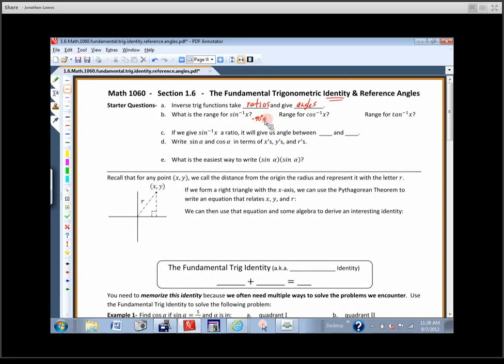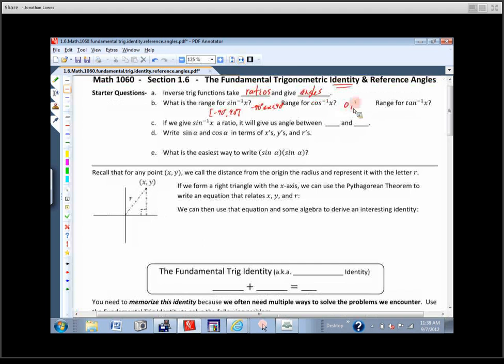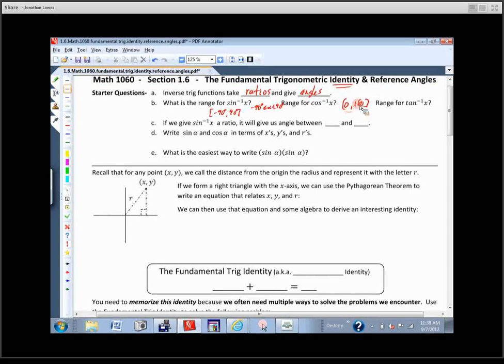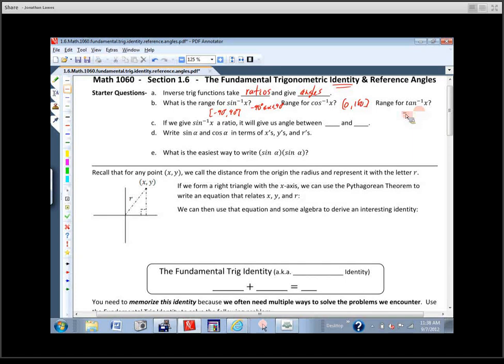Okay, so he's talking about doing it like this. That's fine. Or you can write it down in interval notation from negative 90 to 90. Either way is okay. What's the range for cosine inverse? That's going to be 0 to 180 degrees. And what's the range for tangent inverse? Okay, that is negative 90 to 90.